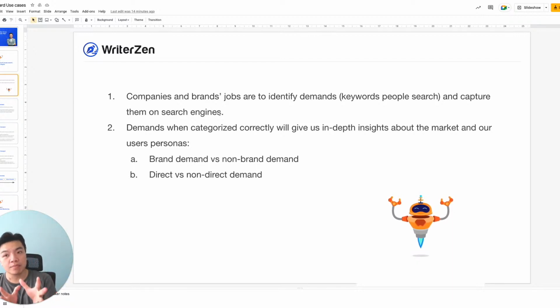So if you are the brand owner of that product or service, or even you are that brand, the company that you try to do SEO for or try to rank, it is extremely important for you to identify right away all of these demands surrounding your brand and be the first choice of information. So if they search anything relating to this kind of brand keyword, you better be number one, because you are the owner.